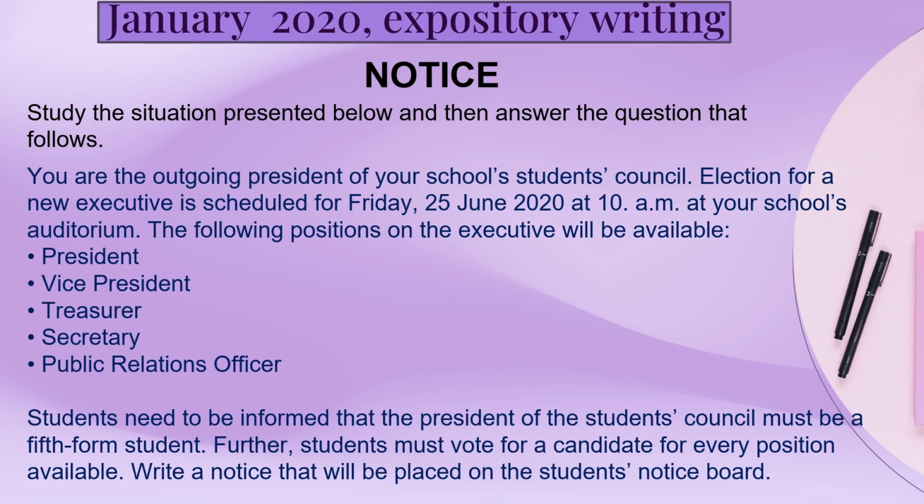Students need to be informed that the President of the Students' Council must be a fifth form student. Further, students must vote for a candidate for every position available. Write a notice that will be placed on the students' notice board.